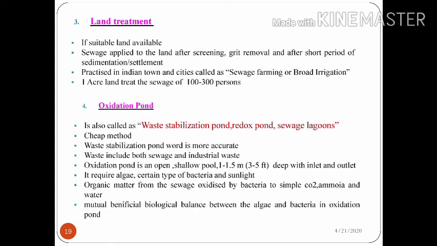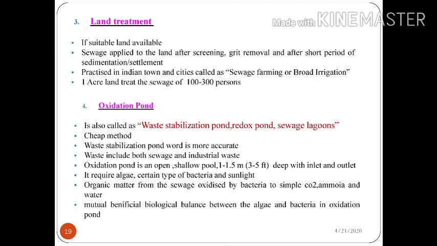Over 50 ponds are working at present in India. The first large installation was one in Bidar, where it serves a population of 1 lakh. An oxidation pond is an open shallow pool 1 to 1.5 meters deep with an inlet and outlet.